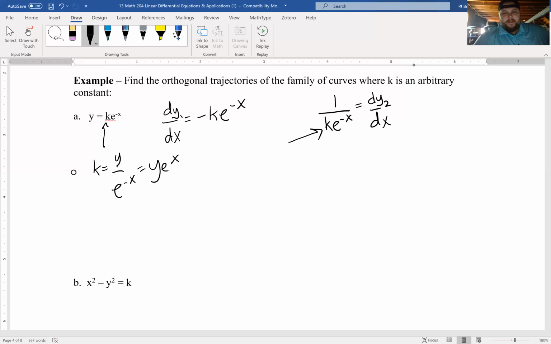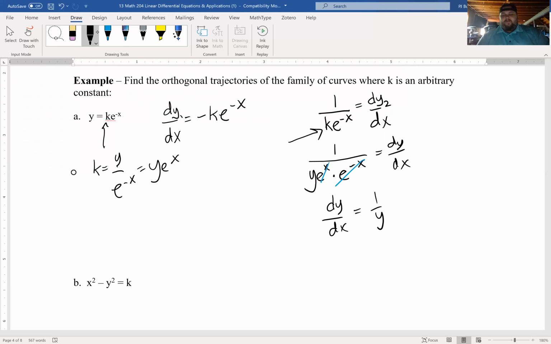I come back over to my derivative, or my slope, and plug that in. That's nice, because e to the x times e to the minus x is e to the 0, or 1. And so now I've got dy/dx equals 1 over y. So now I have generated a differential equation that is separable and easy to solve for the function.